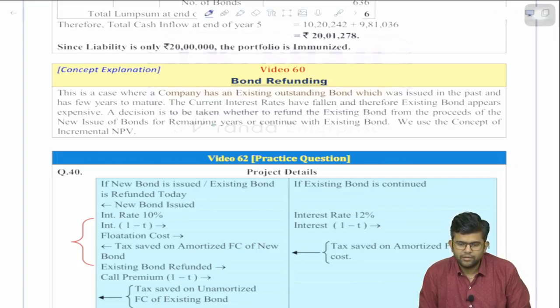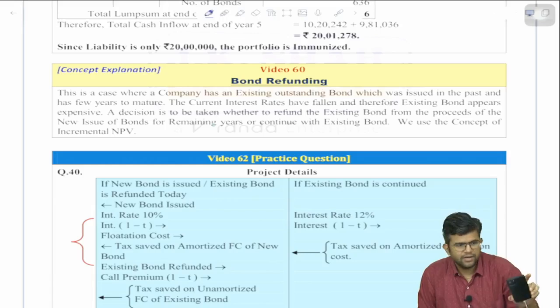Okay. So copy this. After leaving 3 sides.